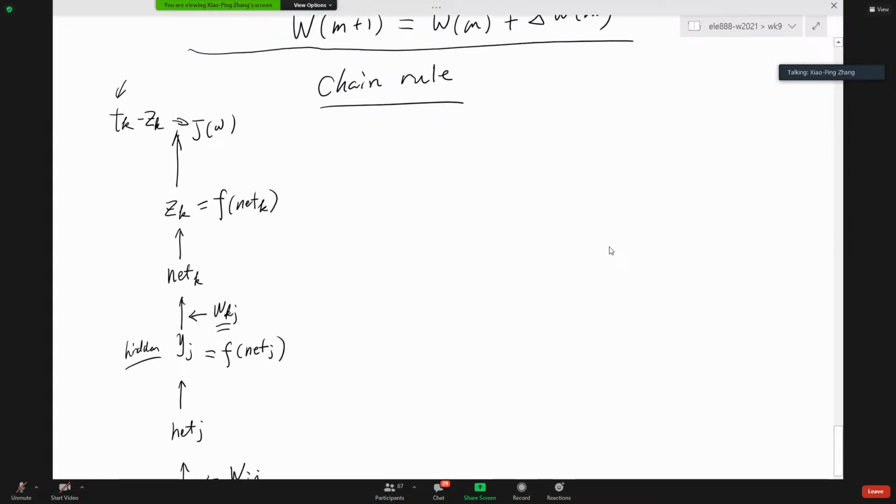So we need to find the derivative of J with respect to all these w's. First, let's look at the hidden layer to the output layer, step by step. Let's compute partial J over partial w_kj. How do I find the derivative of this with respect to that?